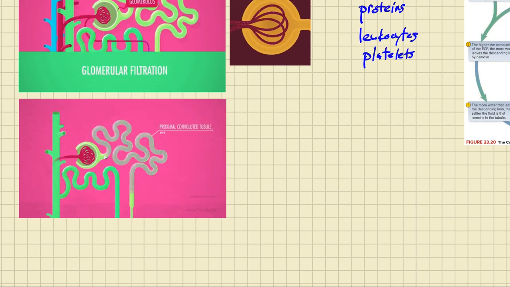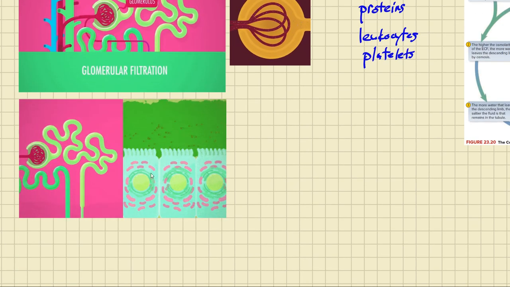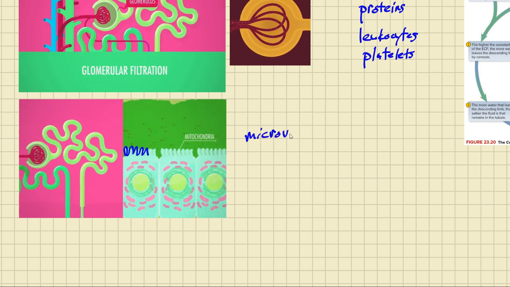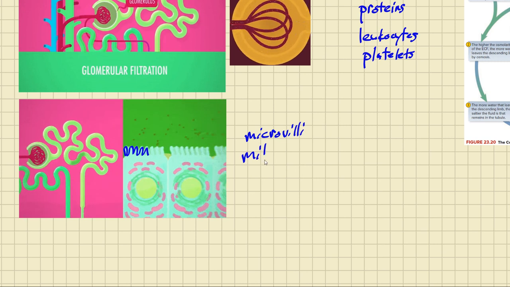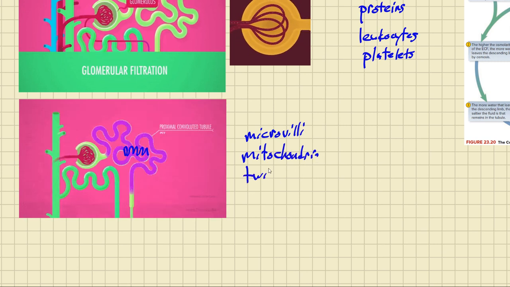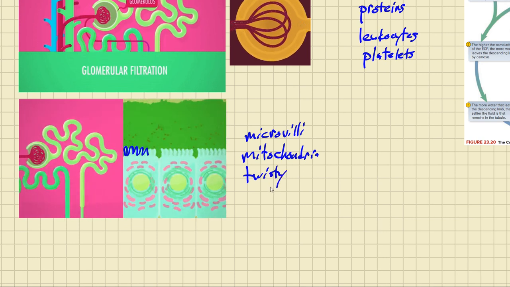Your proximal tubule is very twisty. The cells lining your proximal tubule have lots of microvilli, lots of mitochondria, and the tube itself is very twisty, not very straight.